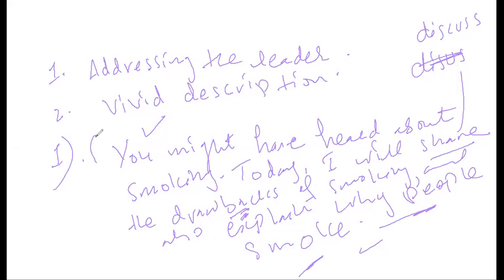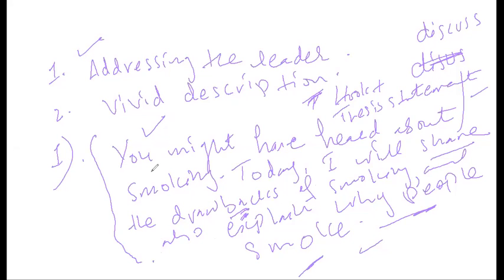So this is an introductory paragraph. So you got to write an introductory paragraph using a hook plus thesis statement. And there are two types of hooks here. The first one I've shown you, addressing the reader. The second one is vivid description, which I'll definitely show you after this.